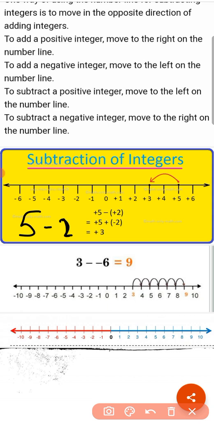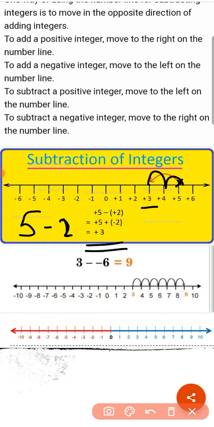As I told you, to subtract a positive integer, move to the left. So locate 5 first. This is the position of 5. Then move 2 steps to the left side. 1, 2. So what is your answer? 3, positive 3.